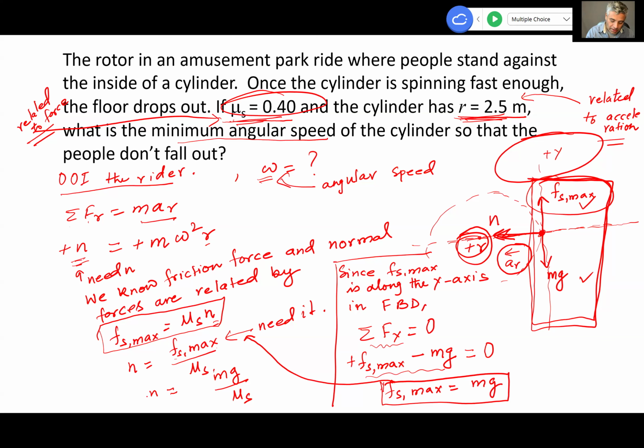Now, we have N with the things that we know except the mass, but often we hope that mass cancels. So now we can go there, okay, and plug in the N, which we just figured, in this equation here.